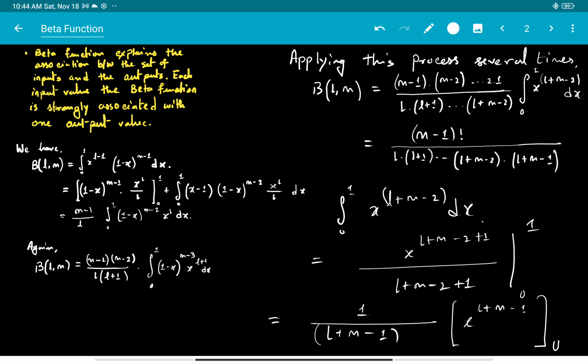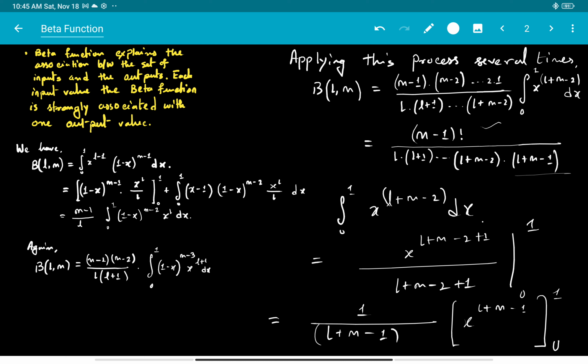If we put in the limits 0 to 1, now you see what will happen here, and that's why we are writing this m minus 1 factorial here, and here we are left with l plus m minus 1.